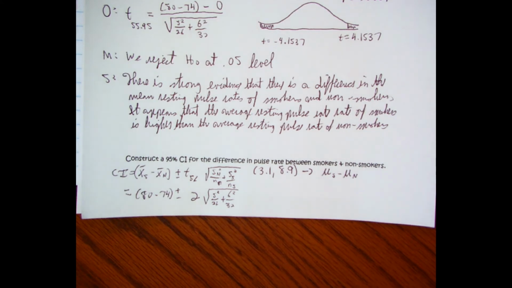So we're saying that in effect we think that the average resting pulse rate of all smokers, because that's why we do a confidence interval, we're trying to infer something about the population, is between 3.1 and 8.9 beats per minute, higher than the average resting pulse rate of non-smokers. That's what that means right there.